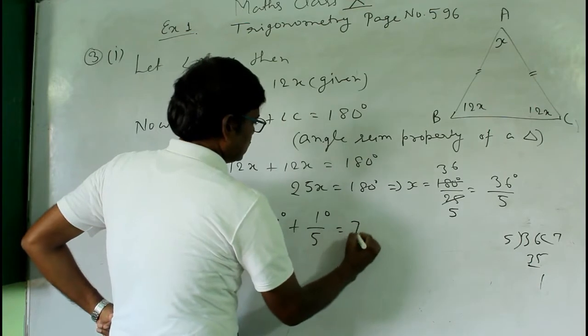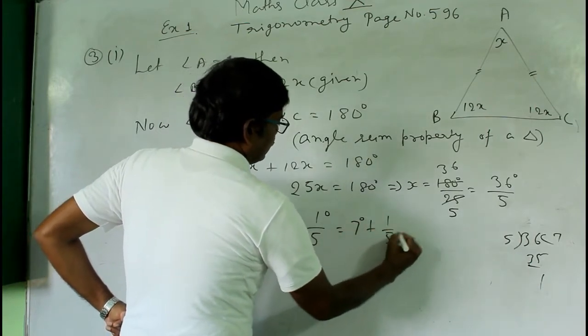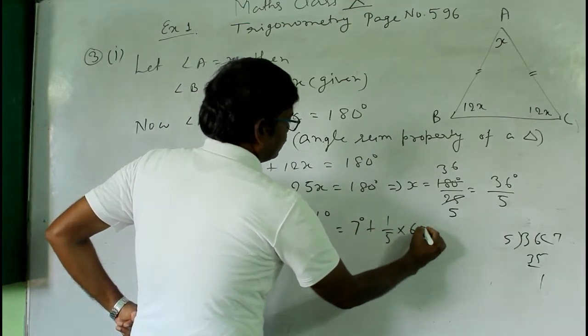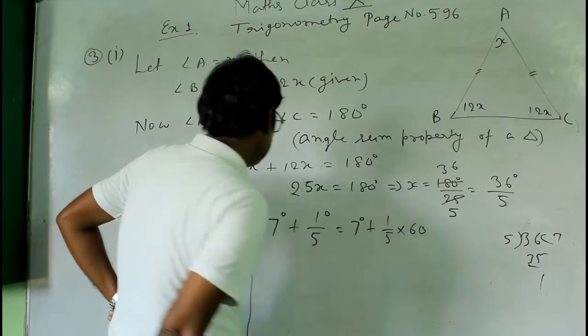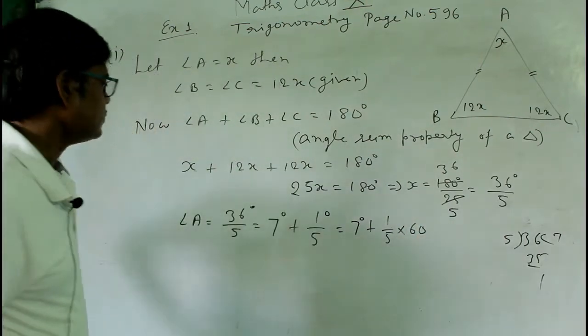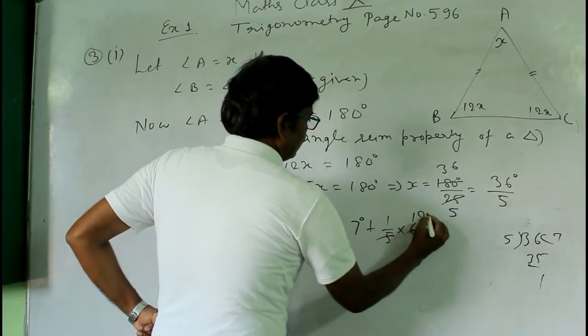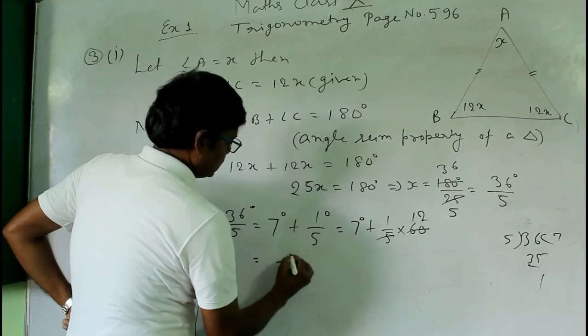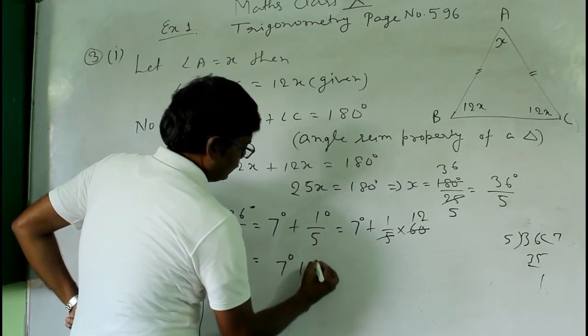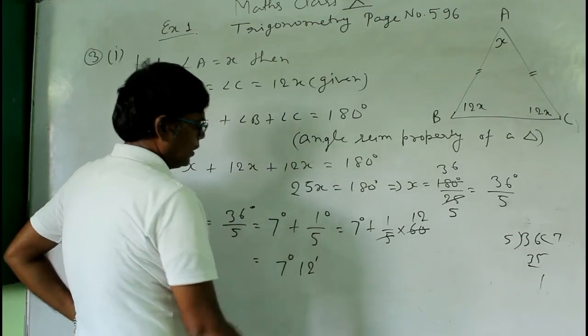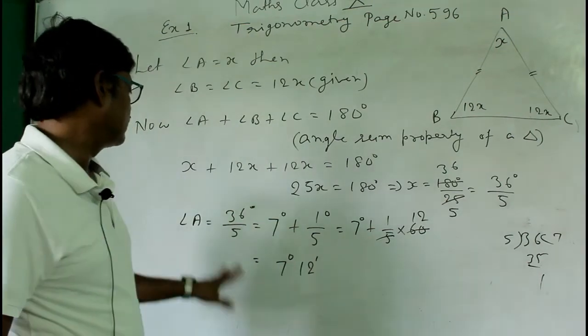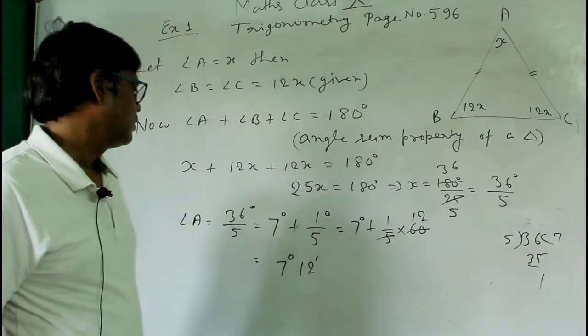So it will be equal to 7 degrees plus 1 by 5 into 60 minutes, which is 12 minutes. So it will be 7 degrees and 12 minutes. This is the symbol for minutes. So angle A is equal to 7 degrees 12 minutes.